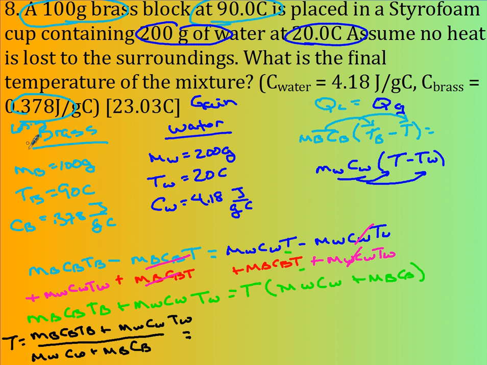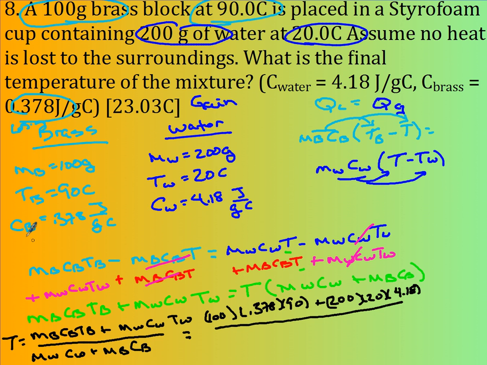Let's see. The mass of the brass, I'm not going to try and put my units in here because it's going to be too small. So this is 100. C of brass is 0.378 times the initial temperature of brass, which is 90, plus mass of the water, which is 200, times 20, times C. And this is all going to be divided by mass of water, C of water.